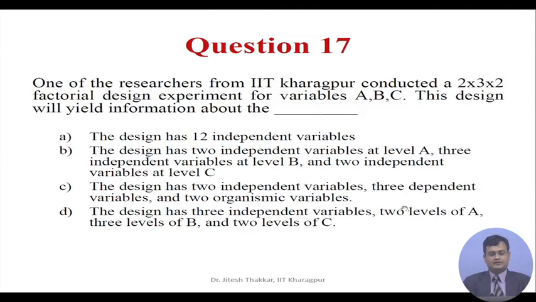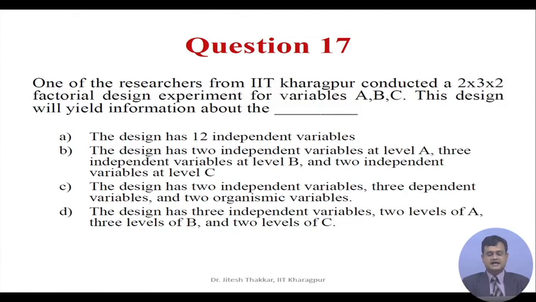Question 17. One of the researchers from IIT Kharagpur conducted a 2 by 3 by 2 factorial design experiment for variables A, B, C. This design will yield information about the: A, the design has 12 independent variables.